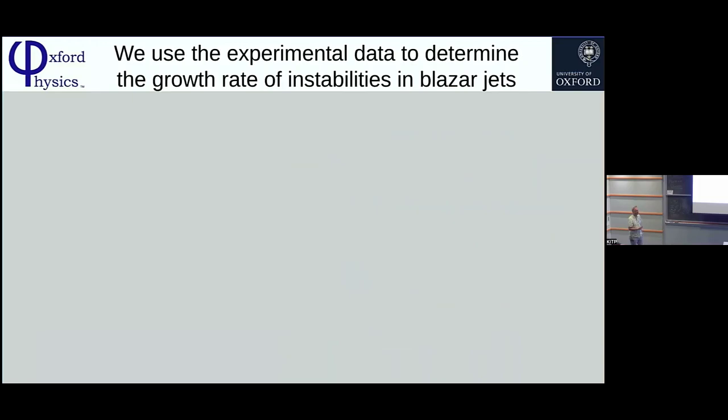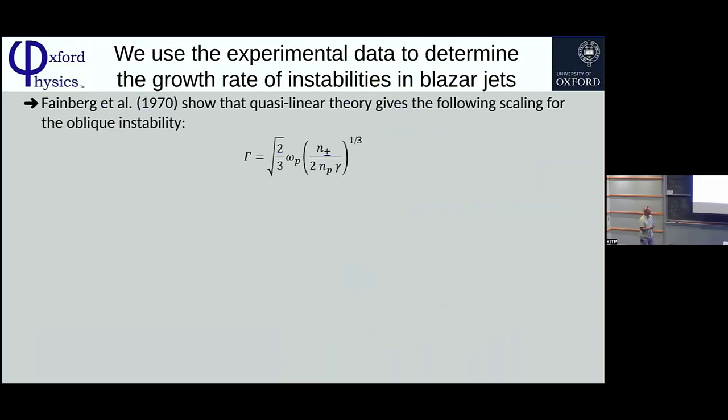So what is the bottom line here? Now this compares to the growth rate of instabilities in blazar jets. First of all, we can use quasi-linear theory. Quasi-linear theory gives us a scaling of the instability, and in this case, the faster growing instability has to be an oblique instability, because wide-band electromagnetic instabilities will be suppressed by the finite transverse temperature. So we have a scaling for this oblique instability.